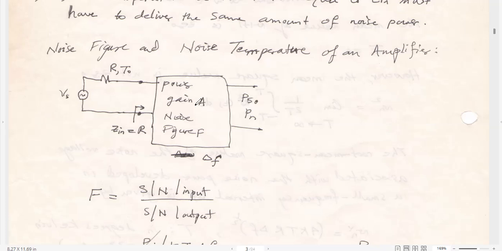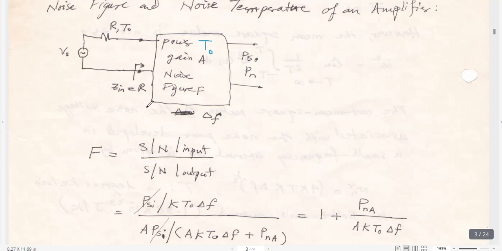Here we consider an amplifier with a gain of A and noise figure of F. The source here is Vs, and the internal resistance of the source is R at temperature T0. We consider also the amplifier to be at the same temperature T0, and the input impedance to be R, complete matching. We will calculate here the noise figure.